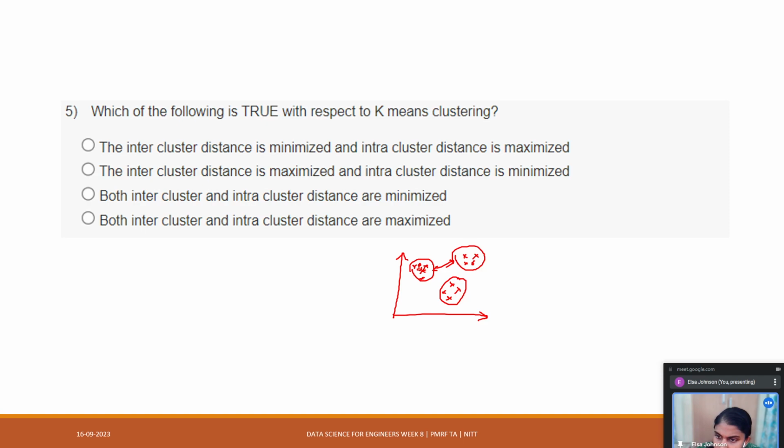Okay, I'm getting answers B. B is that intercluster distance is maximized and intra-cluster distance is minimized. That is true. We will always be looking for maximizing the distance between the clusters. Different clusters would have very clear demarcation, and within the cluster the intra-cluster distance should be minimized.